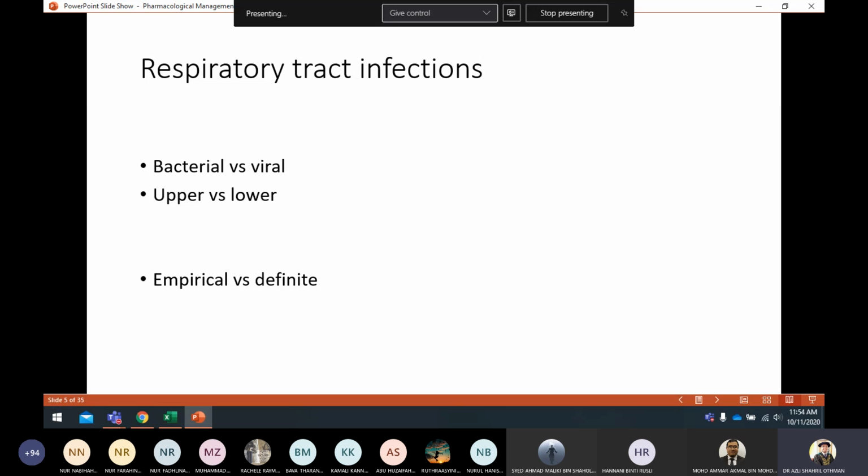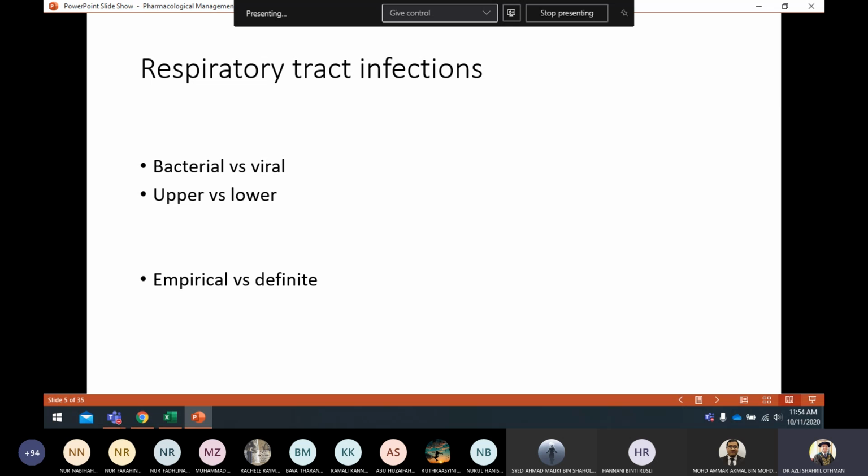But ultimately, the drugs that are listed in these lecture notes are all examples of the empirical therapy that we give to patients, which is based on the usual clinical practice in Malaysia.